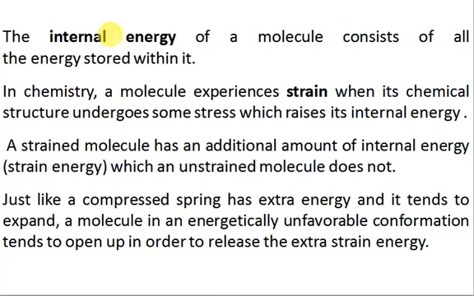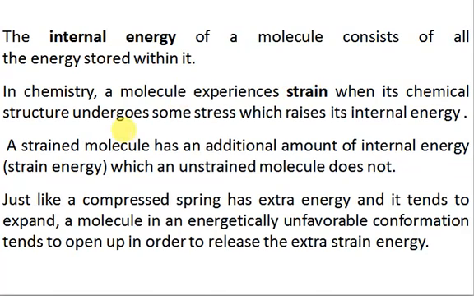So in chemistry, whenever we say that a molecule is experiencing strain, it means the molecule is becoming unstable because of a certain reason. And what is the reason? The reason is chemical structure. If something in the chemical structure makes a molecule become unstable, we say that the molecule is experiencing stress.